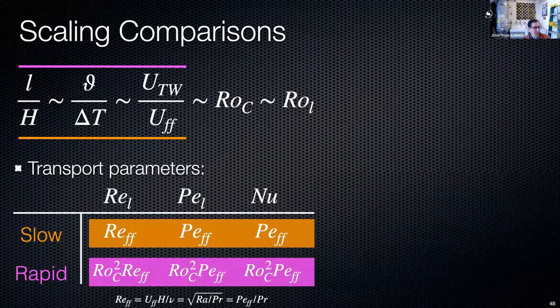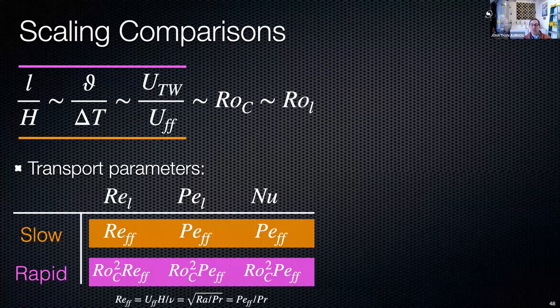Okay, just briefly looking at transport parameters. In the slowly rotating limit, we have a free-fall Reynolds, free-fall Peclet, and again, free-fall Peclet for the local scale transports. If we transform these to the rapidly rotating system, then they're all modified by ROC squared. We've subbed out UFF for U thermal wind.